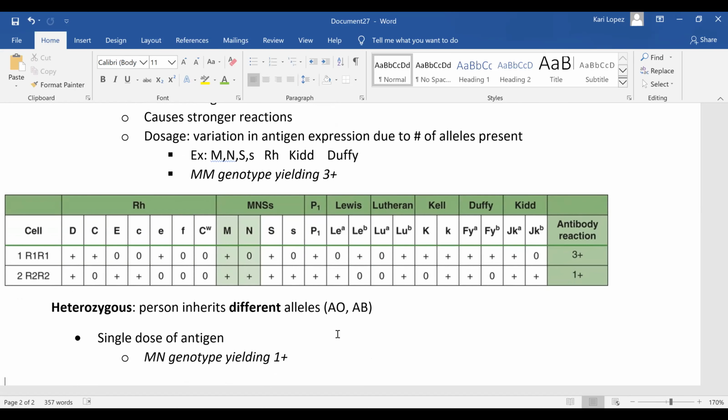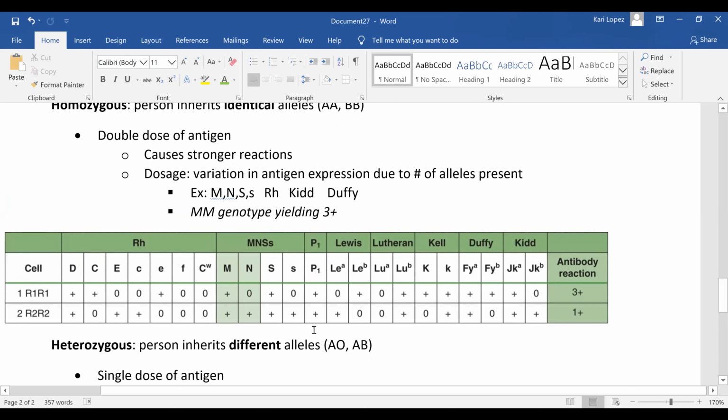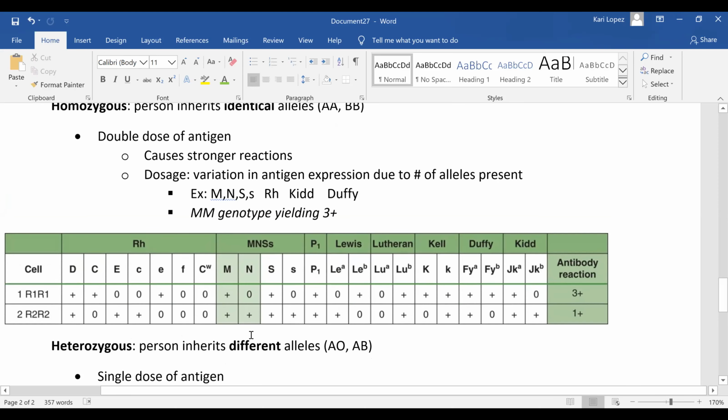So let me ask you a question. What if both of those were negative? If they were both negative, I think you have to inherit some form of M or N. I think it always happens that you have at least one of them positive. Okay.